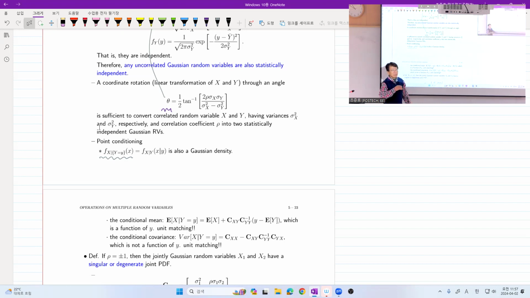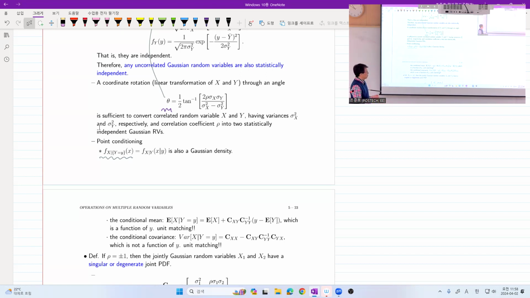Before, we approximated y by using the affine function of x. Now here, this is the affine approximation of x in terms of y. The roles of x and y just switched. Amazing, right? So in the Gaussian case, that affine approximation is the same as the conditional mean of x given y.